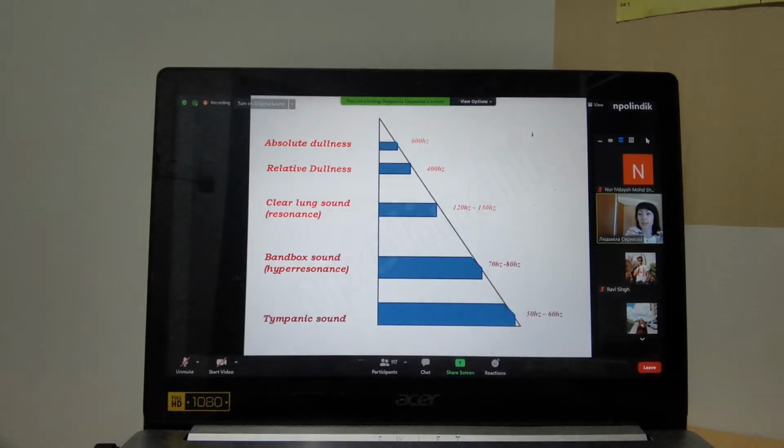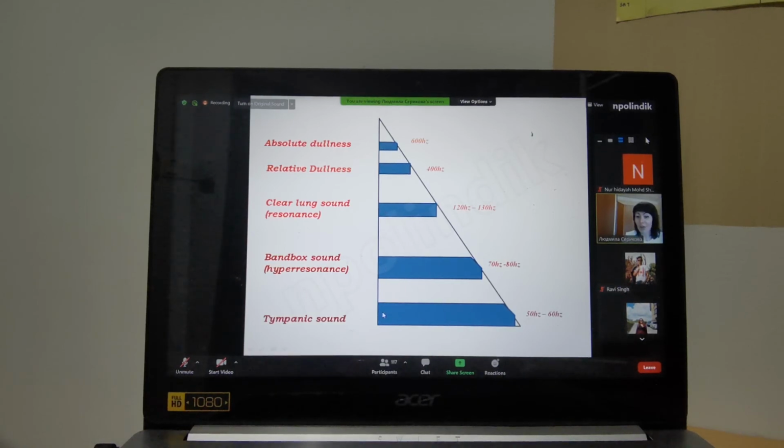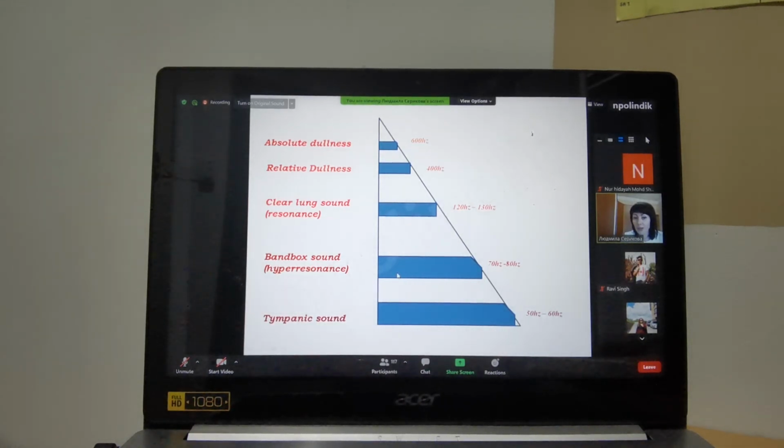It is better to explain if you draw a triangle, so what can it illustrate? The tympanic sound is the longest, and low pitched usually, because you see the pitch from the base of the triangle till the apex.